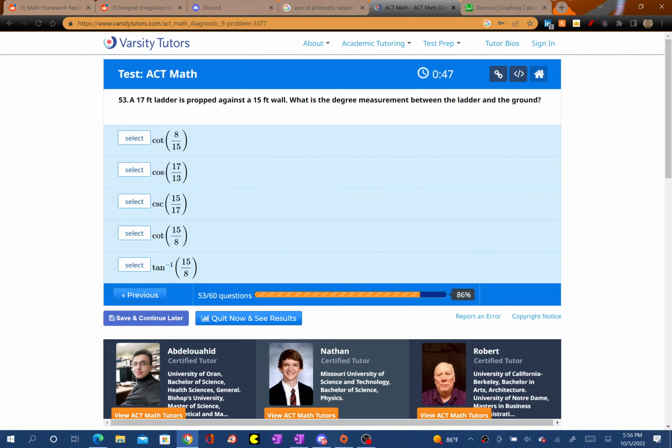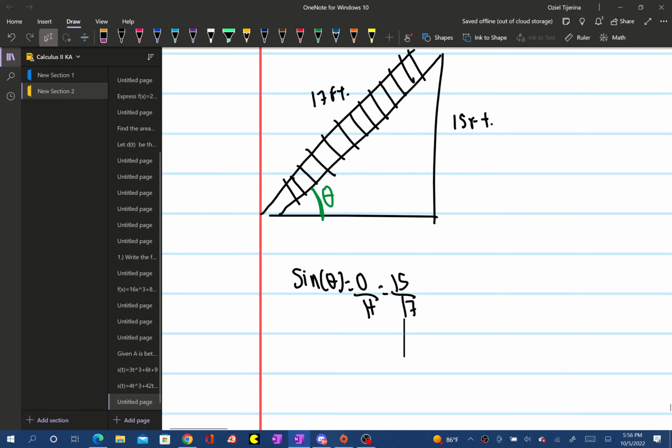So that means you're gonna do opposite over hypotenuse. Sine of theta equals opposite over hypotenuse, which is 15 over 17. Oh, what is the degree measurement between the ladder and the ground?